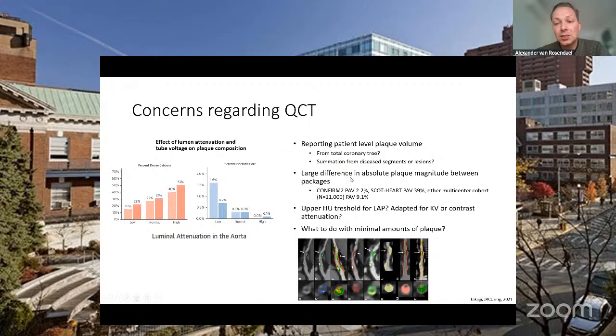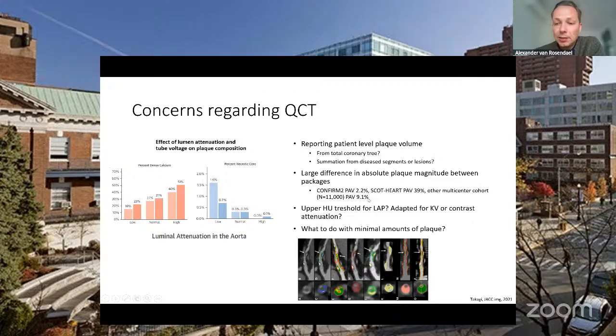And also, this is a very important thing that you see in the literature now. There is a very large difference in magnitude of plaque between different software and studies. For instance, in the CONFIRM-2, we saw that the percent atheroma volume was 2.2%. In the Scot-Heart, it was 39%. And in another very large cohort of 11,000 patients, it was 9.1.